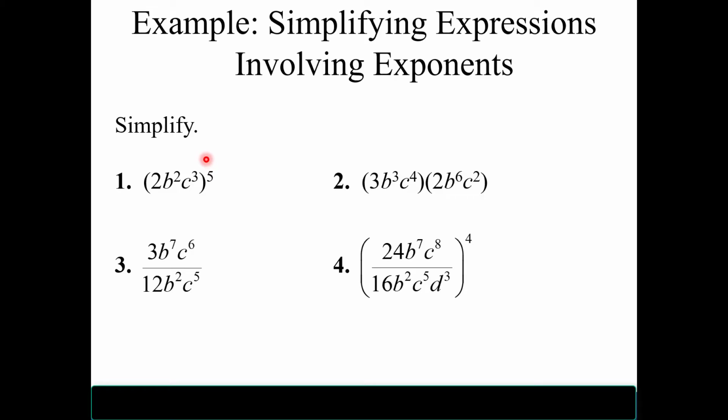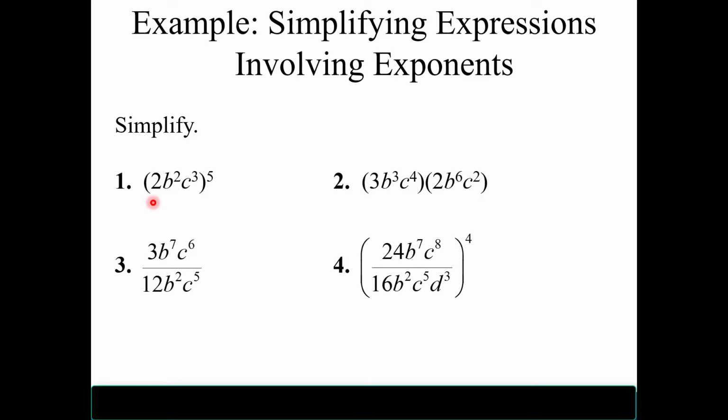So I end up with 2 to the power of 5 times b to the power of 10 times c to the power of 15. Right? That's all you really have to do for this one. So 2 to the power of 5, what is that if we expand it all out? 2 times 2 times 2 times 2 times 2, what is it? 32.